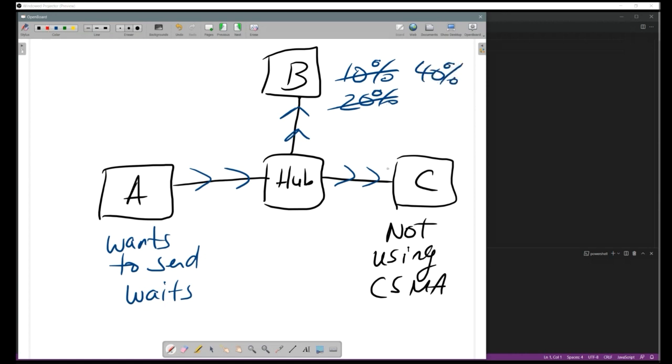And then all of a sudden, C starts transmitting again. And so this gets corrupted because C is not following the CSMA rules.